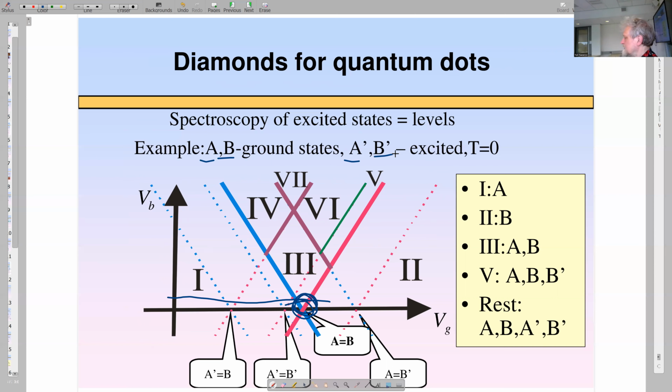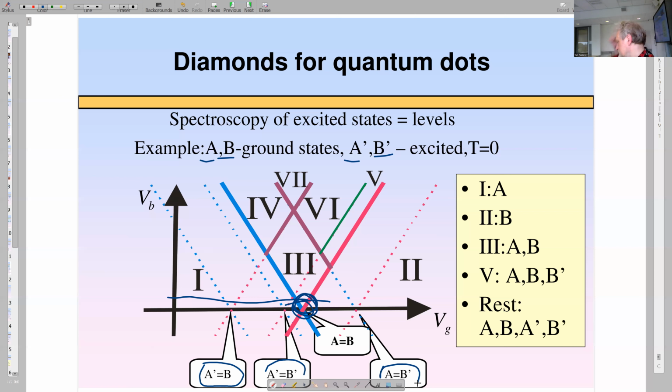Even with a simple small addition, I will have a much more complex picture of the transport. Now I can tunnel not only between A and B, starting from some energy. I can, for instance, tunnel between A prime and B, A prime, B prime, and so on.